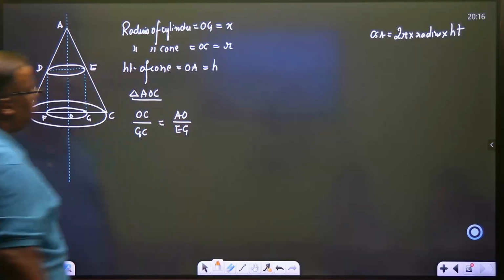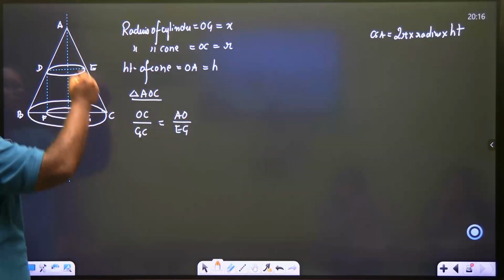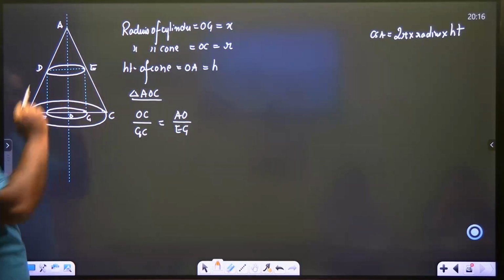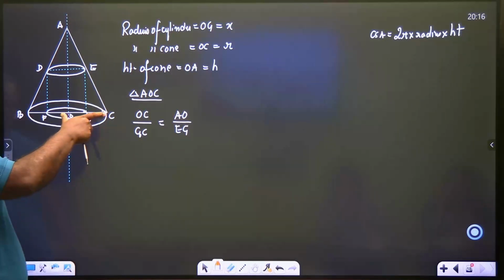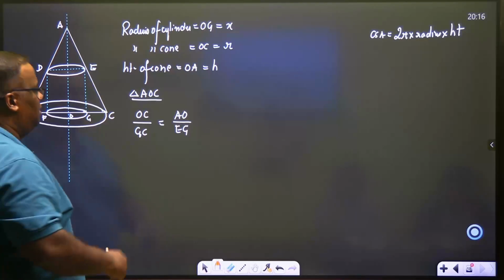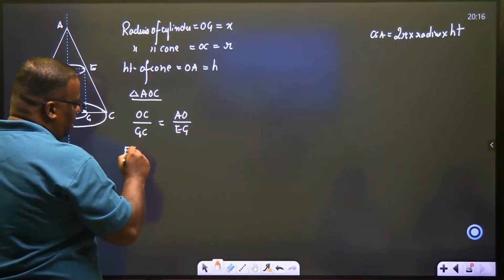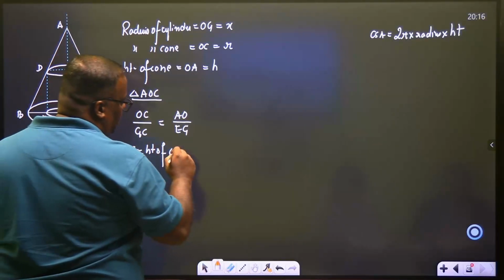Look, can I write this from similar triangle concept? This is a triangle. This is another one. OC, bigger base divided by smaller base is bigger height divided by smaller height. Clear? You are interested in EG.